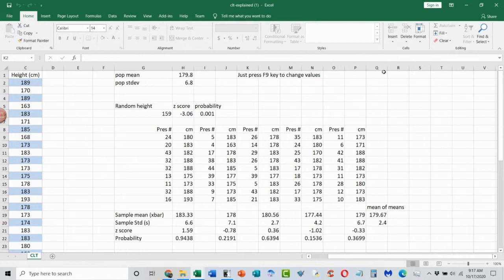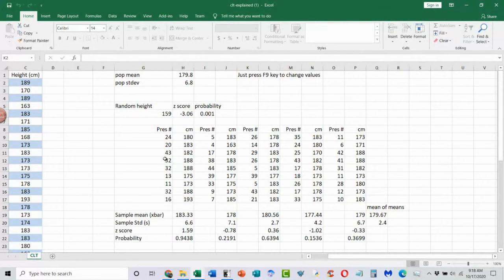Whereas if I did this millions of times and graphed these, I would have a normal distribution, with a mean that's the same as this value and a standard deviation that is 1/3 of this because I had 9 of them. If I took 100 things, it would be 1/10 of those.